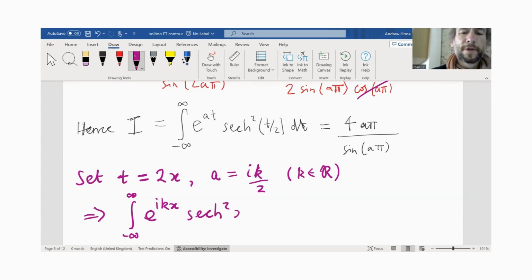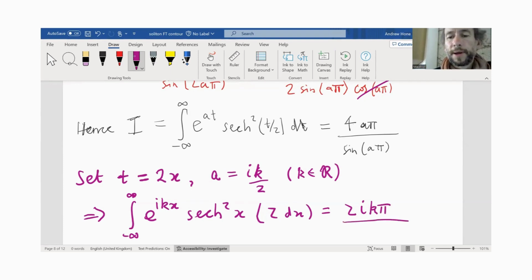And then we have sech-squared x, and dt is going to be 2 dx, and that has to be equal to 2 pi k divided by sine of ik pi over 2.